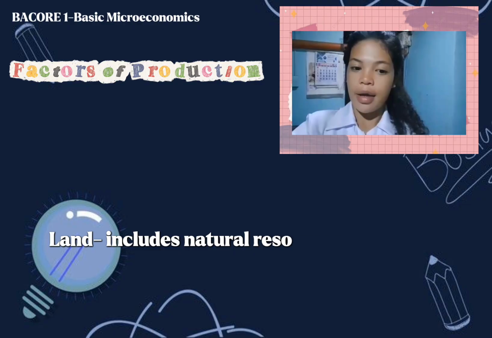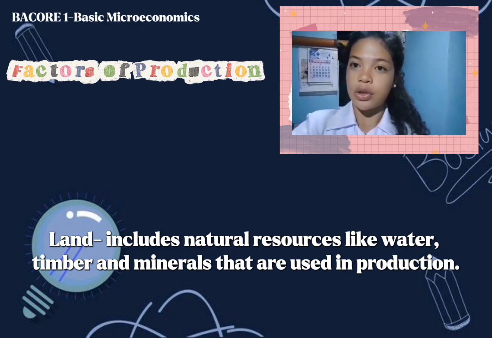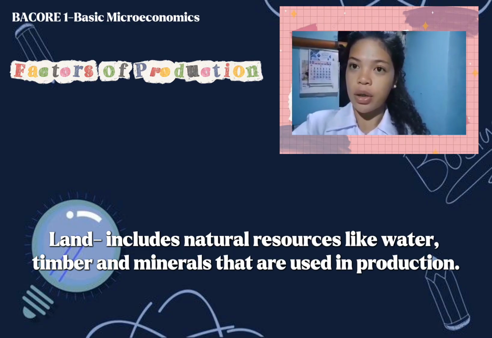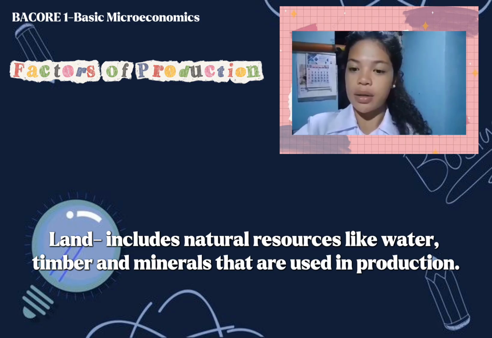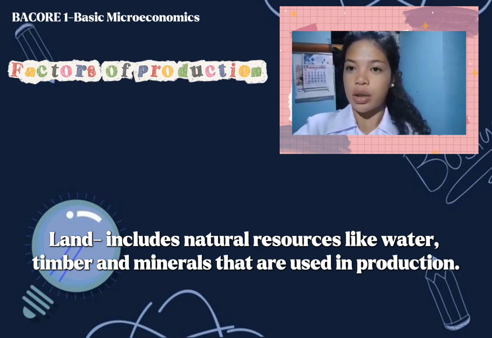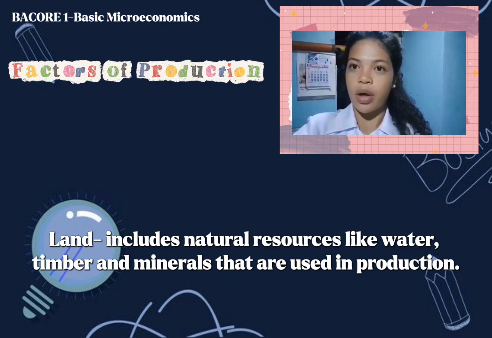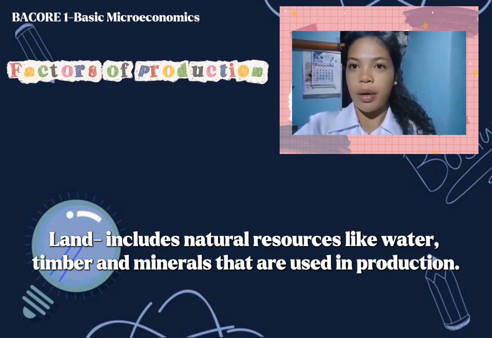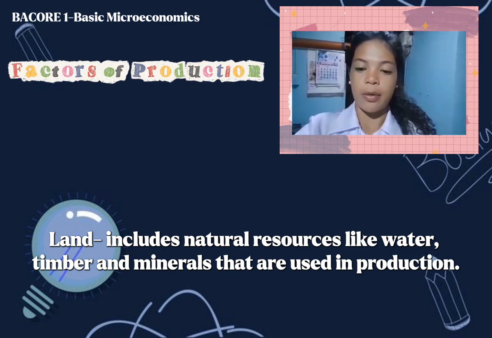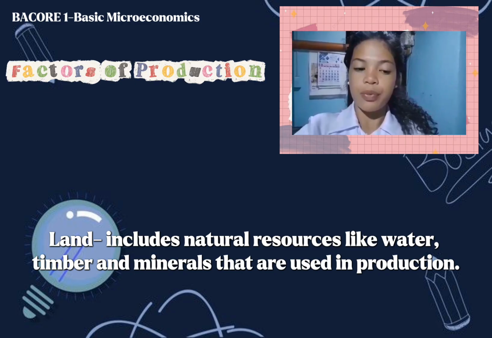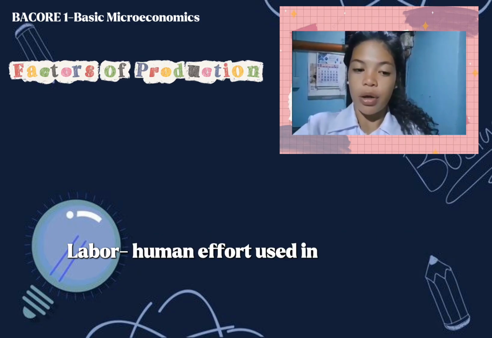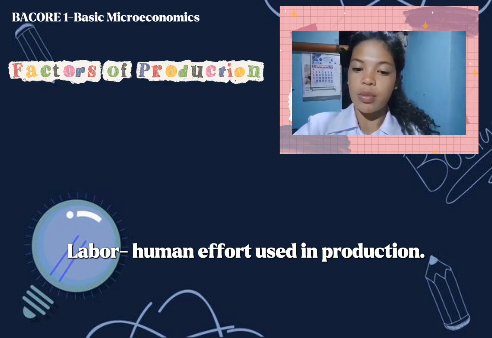First, land. Land includes natural resources like water, timber, and minerals that are used in production. For example, a farmer uses land to grow crops. Need magyud og land para magtanom. Sa land pa gyud. Next is labor. The human effort used in production.